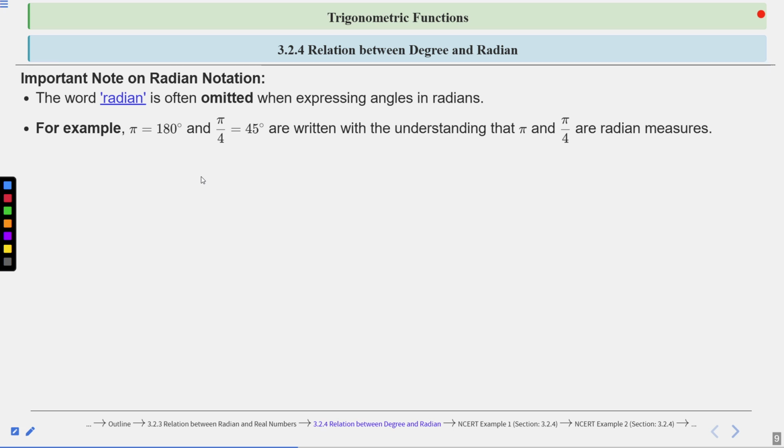It is already understood. So pi radian is equal to 180 degrees. The same goes for pi by 4 equals 45 degrees. So pi by 4 represents the radian angle, and in degree, we use the degree notation, the small superscript circle. Clear? So you must understand that pi represents the radian measure, and pi by 4 also represents your radian measure.